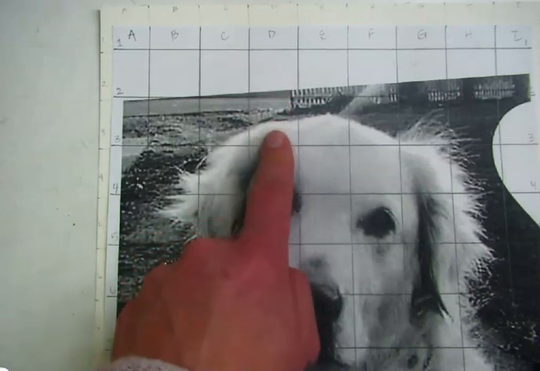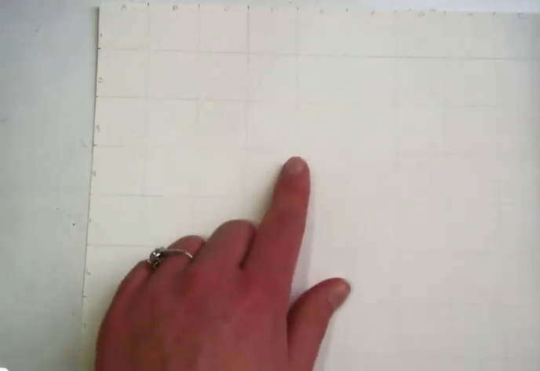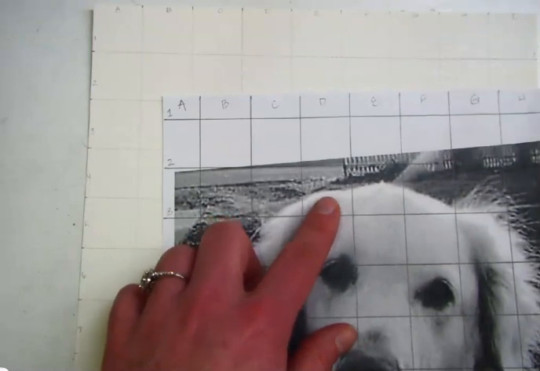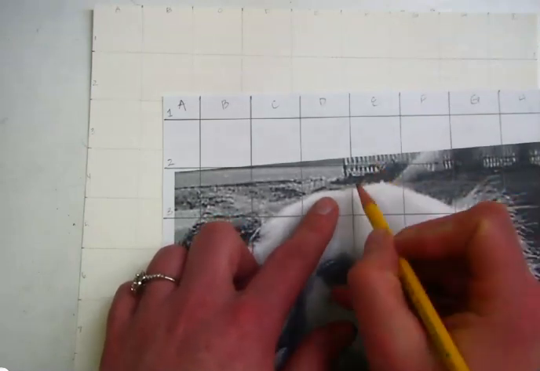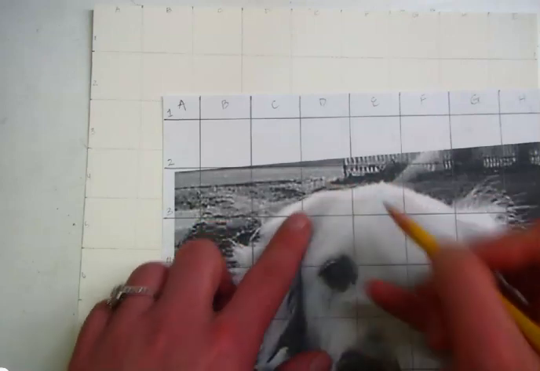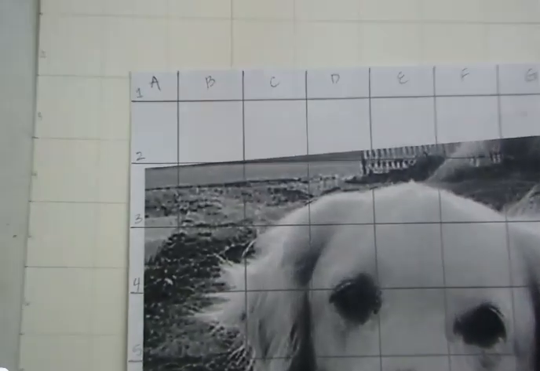So I'm going to start in D3, okay? So with my pencil, very lightly, D3. If you look at D3, it almost starts kind of right in the middle. And remember, I always pay attention to where these lines would intersect those lines.